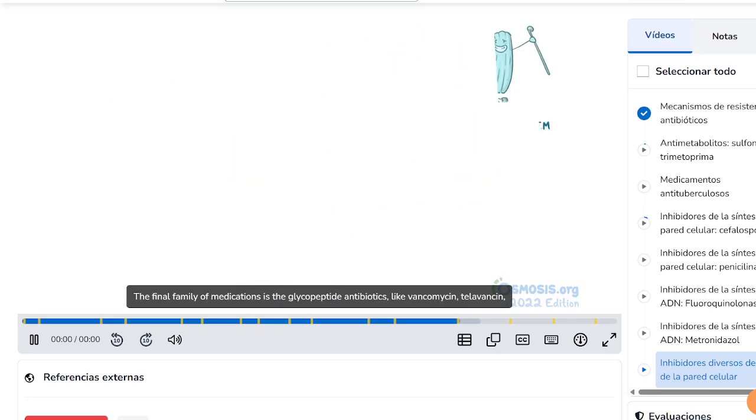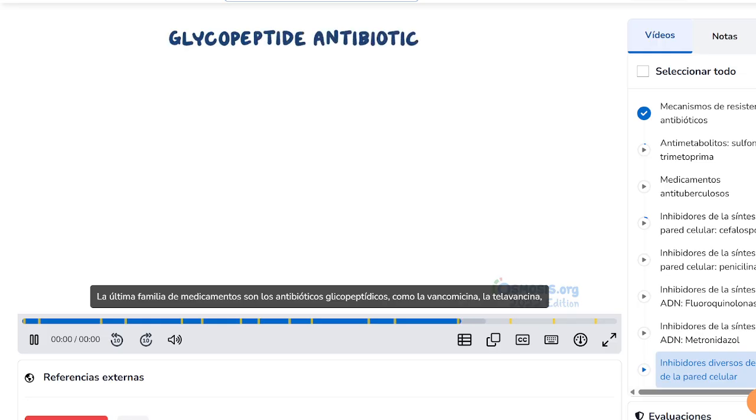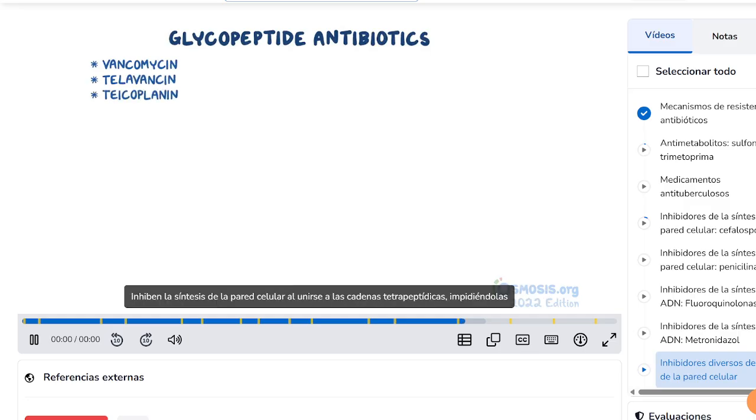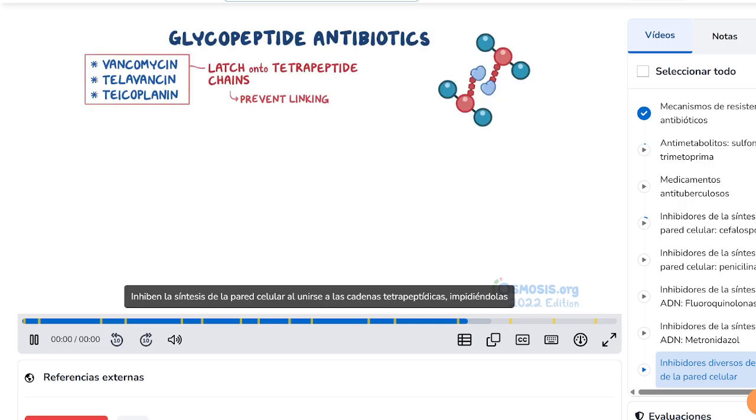The final family of medications is the glycopeptide antibiotics, like vancomycin, telavancin, and teicoplanin. They inhibit cell wall synthesis by latching onto the tetrapeptide chains, preventing them from being linked by the PBP enzyme. Glycopeptides do not act on the PBP, which allows them to bypass the PBP mutations that make MRSA so resistant to beta-lactams.